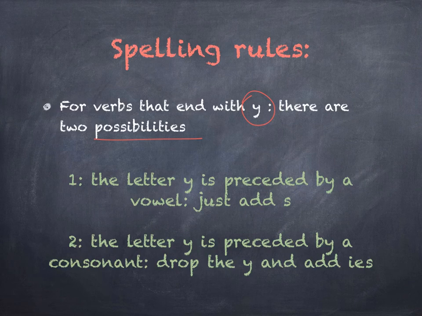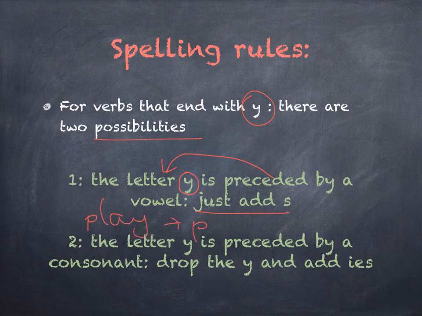If the verb ends with Y, but the Y is preceded by a vowel, you will just add S to the verb, such as play, plays. Just add S, because A is a vowel.